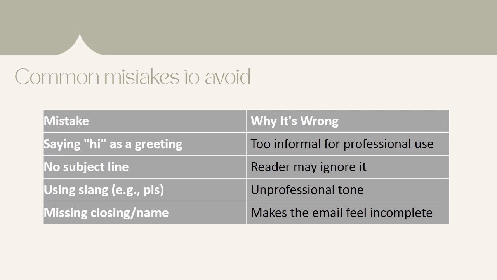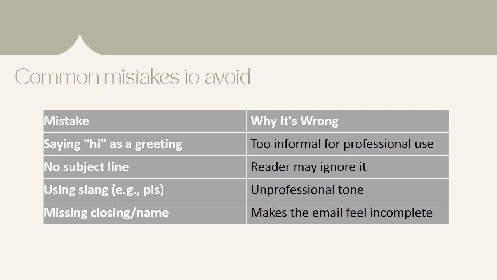Okay, now let's check the common mistakes that you may fall into. The first one is to use informal greetings. Saying hi as a greeting is not formal and it's not professional. Okay, so instead of saying hi, you can say greetings, dear, etc. Another mistake to avoid is no subject line.